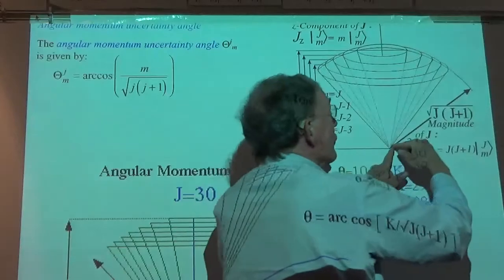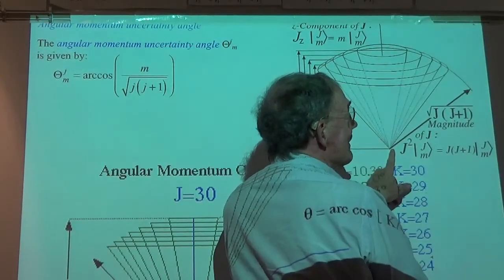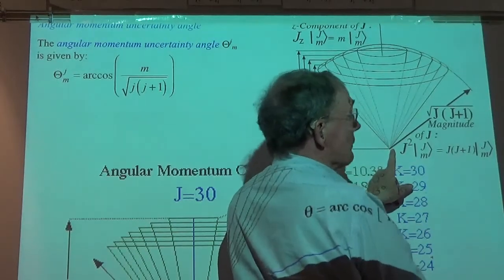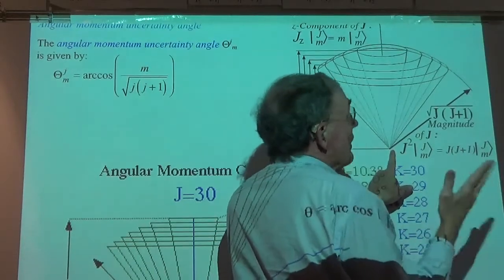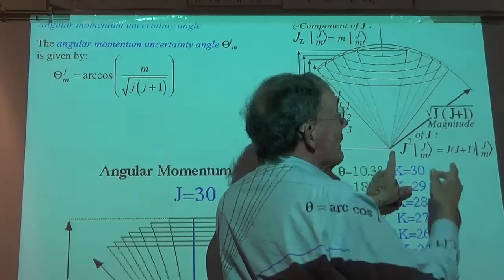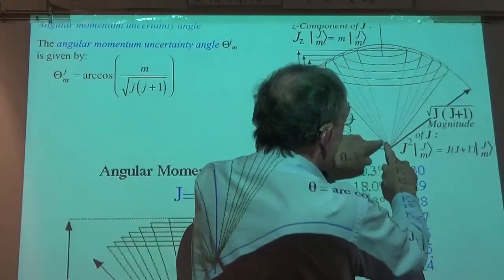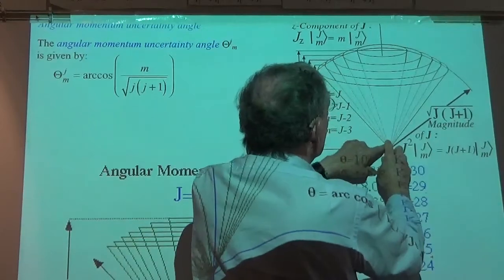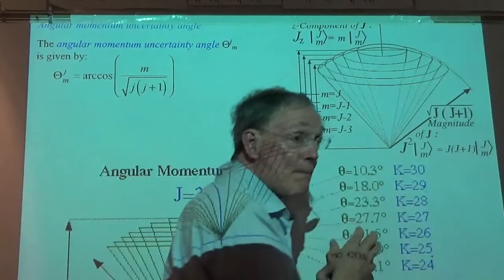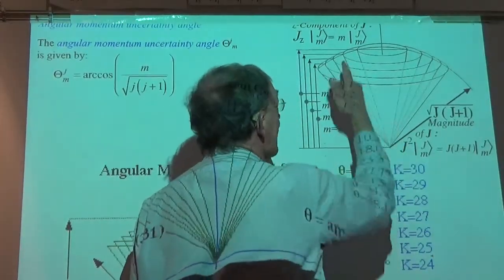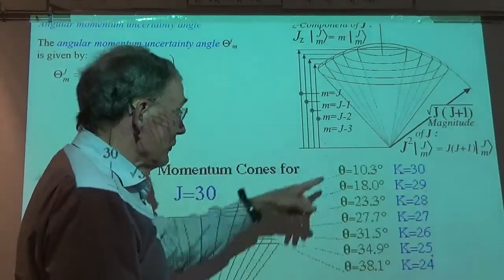I have to make sure that this is j times j plus 1 square root, j squared plus j square root, which is j plus a half. So if I do that, then each of these is a triangle with a hypotenuse equal to that, and a base equal to the m. That puts you at this angle that we're talking about here, arc cosine, and these are the values for it.